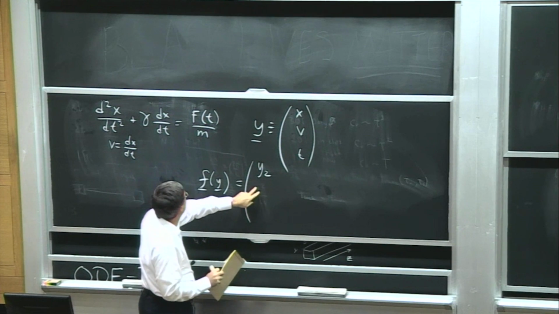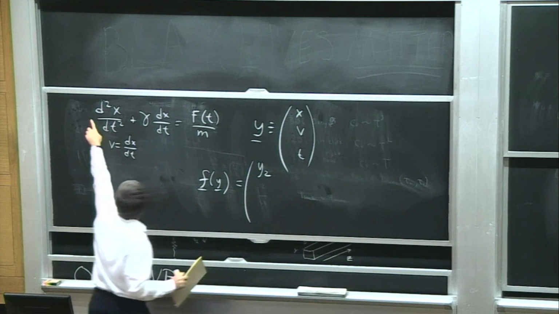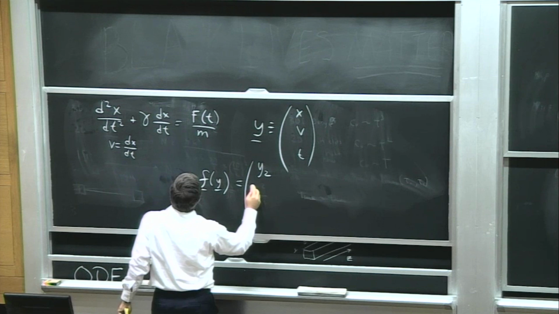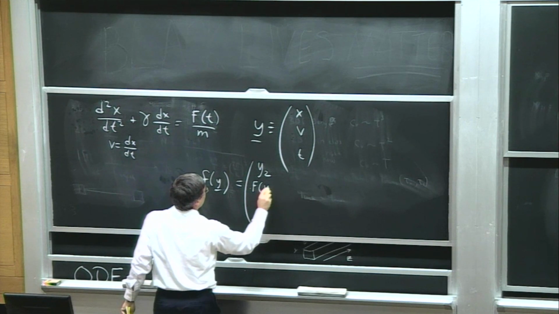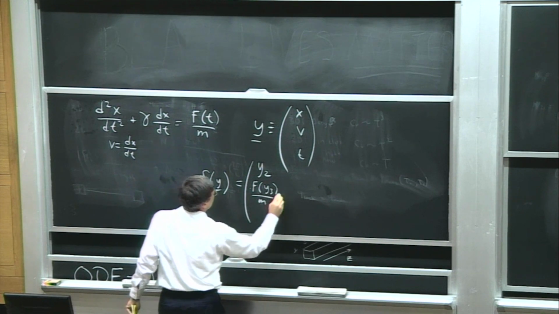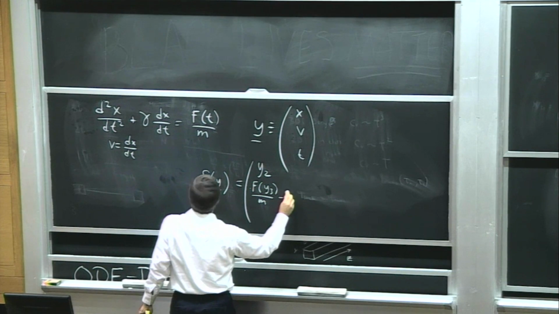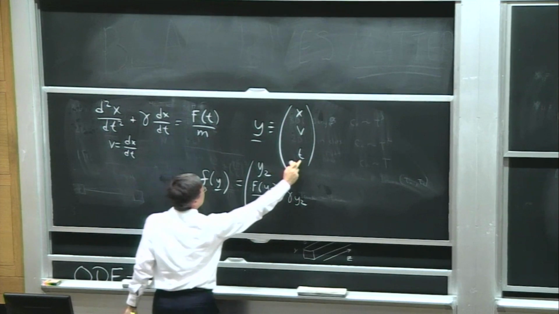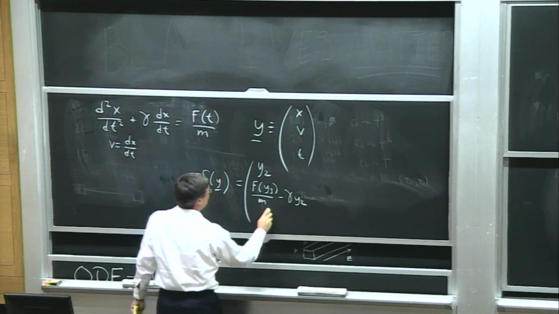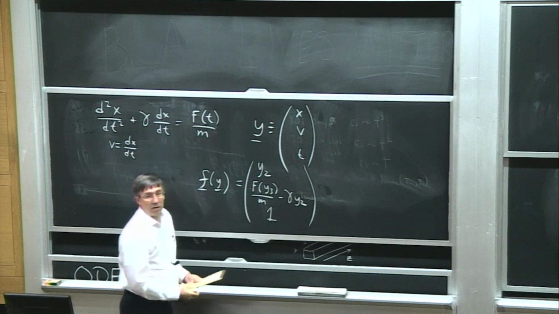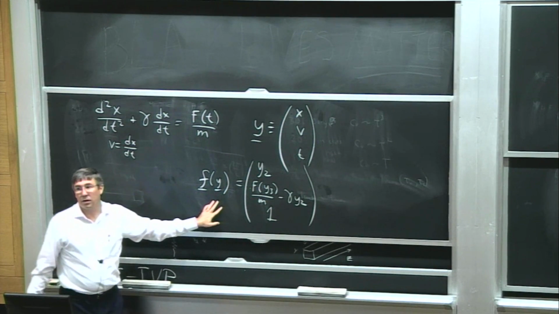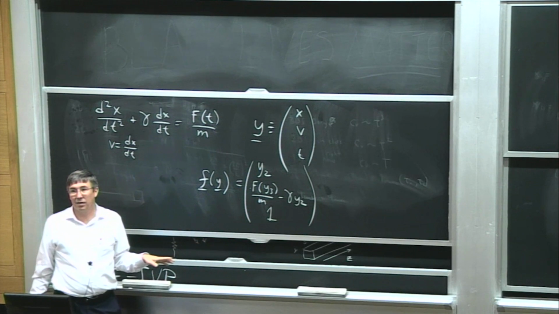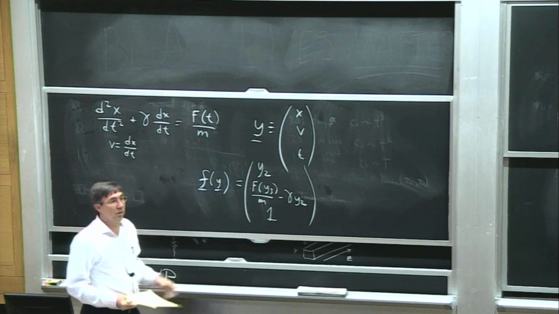The equation for dv dt is given by this equation: f of y3 over m minus gamma y2. And the equation for dt dt is just 1. So this is my f of y. This is f1, f2, f3. Is that all right? Okay.